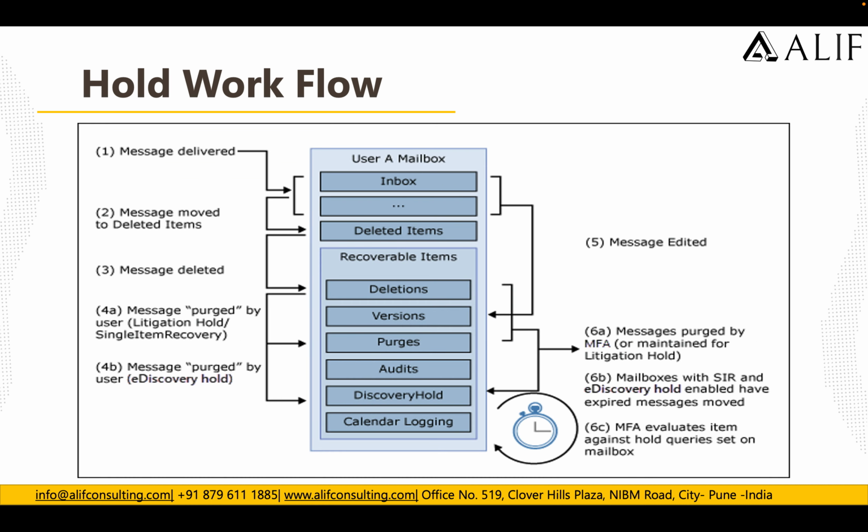Now this is a flow, right? So you will see how the litigation hold works. As soon as the litigation hold is put on a mailbox, this is how the process goes: first, a message is delivered into the inbox. Second, the message is moved from the inbox to the deleted items. Third, the message is deleted, right? In the fourth step, the message is purged by the user, litigation hold, or single item recovery, right?